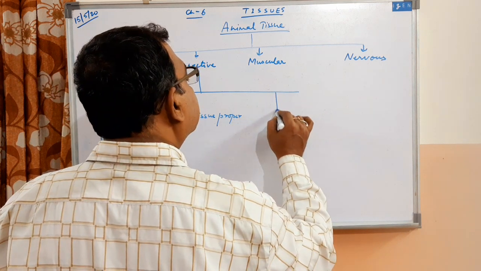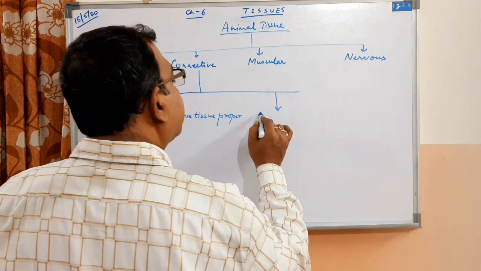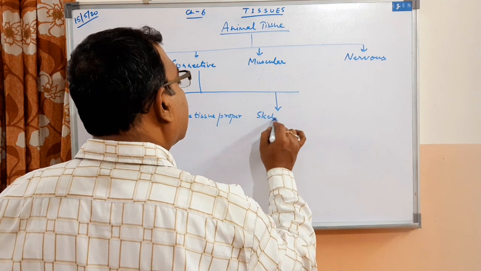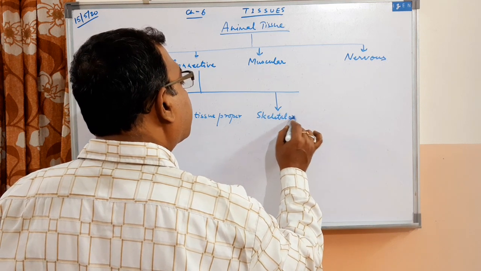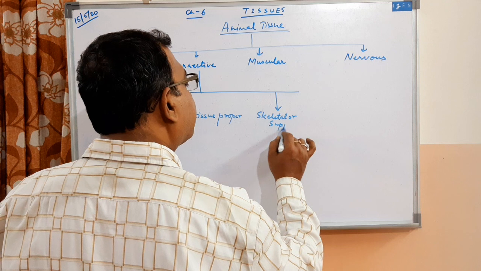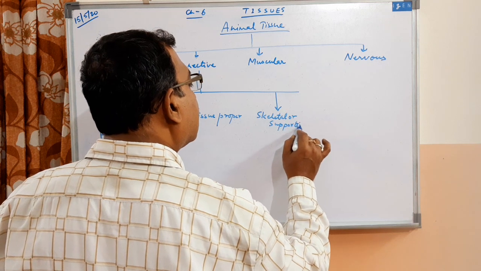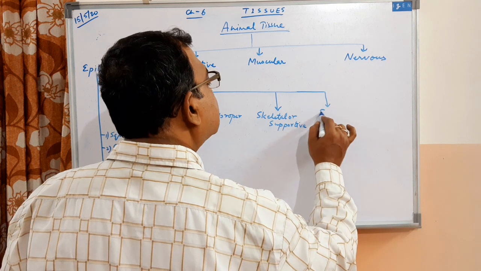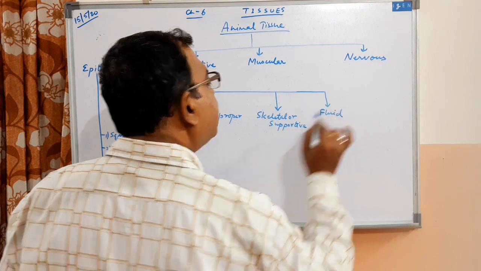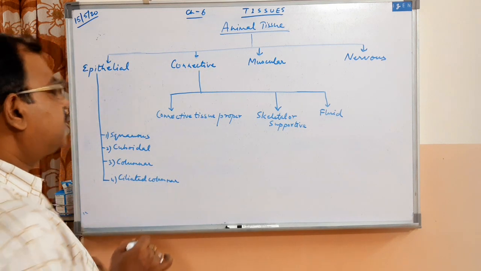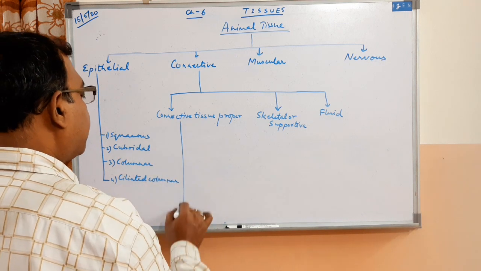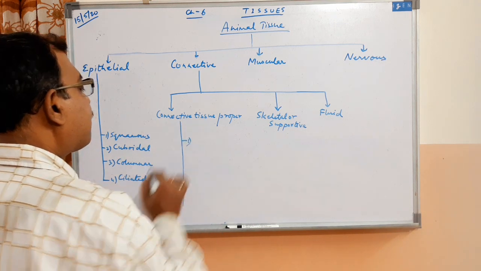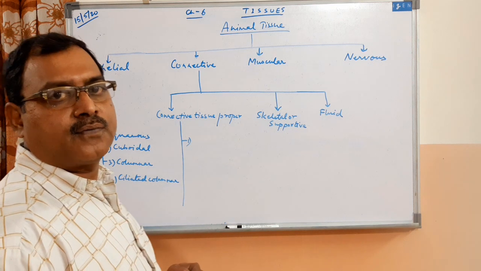Second, skeletal or supportive. And third is fluid connective tissue. Now in connective tissue proper, there are 5 different types of tissue.